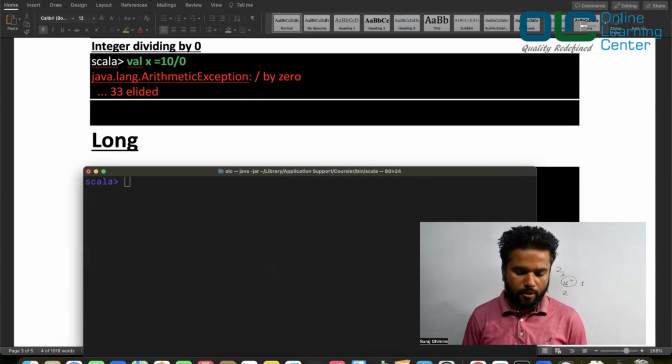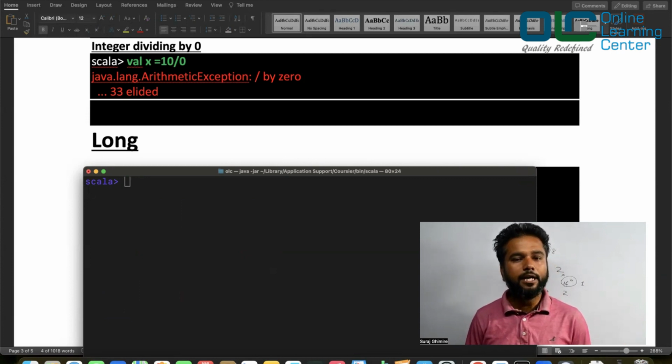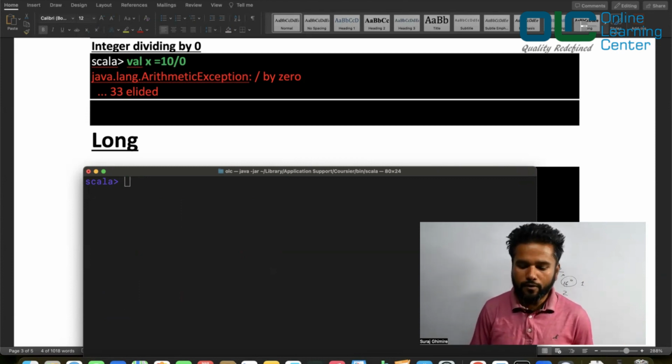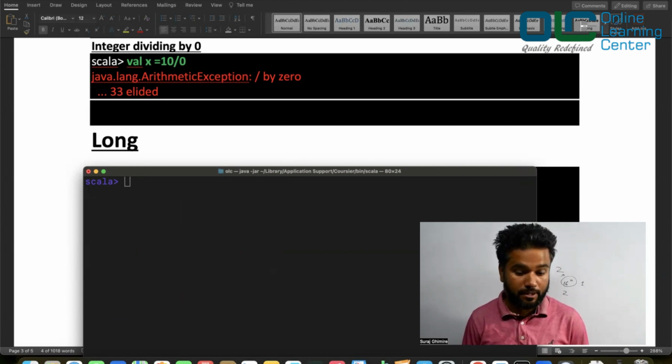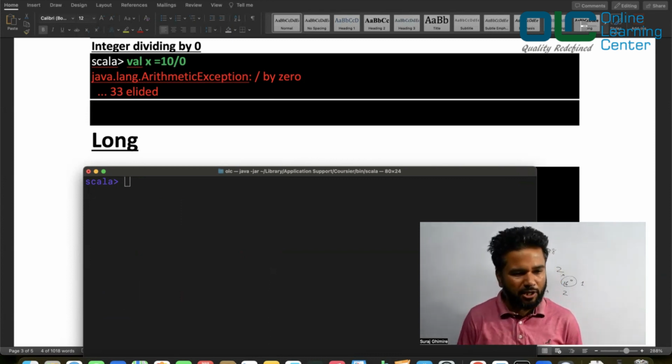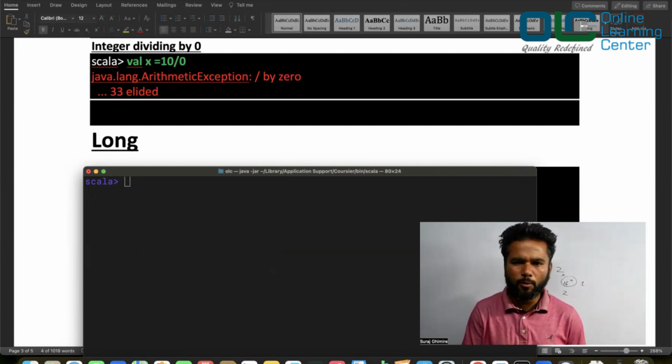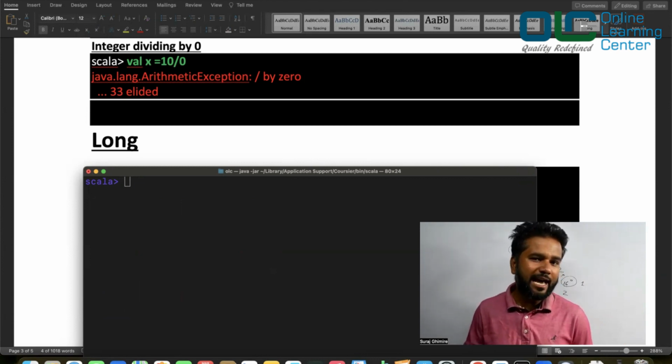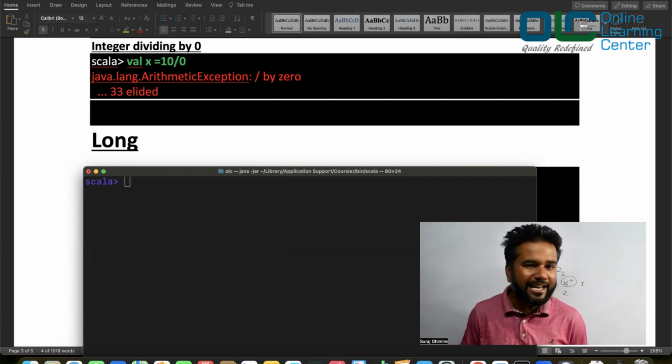Now, integer dividing by 0, it's very important. Whenever you try to divide an integer by 0, it will always give you an arithmetic exception. When you are learning any programming language, it is equally important to learn about exceptions, because as a programmer you will have to stay with exceptions all the time. Many times things break in production.